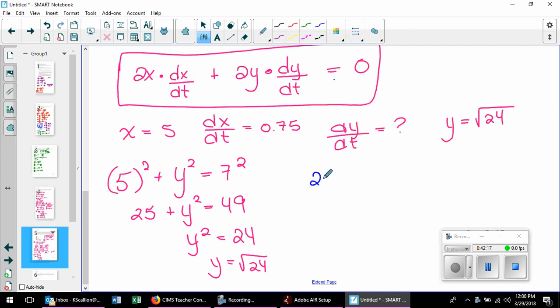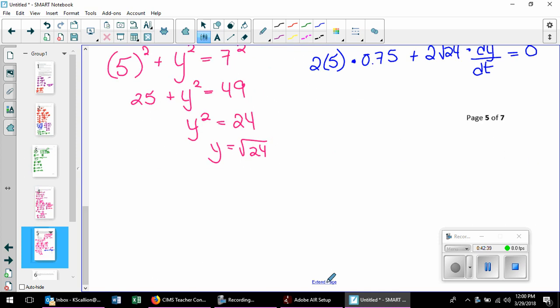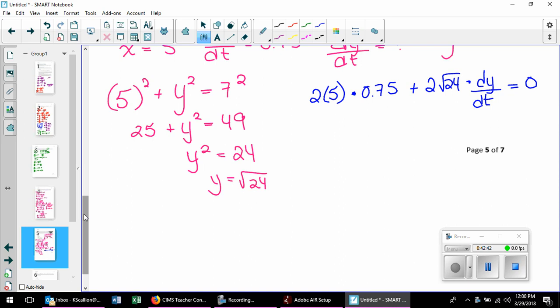So I have 2 times 5 times 0.75 plus 2 times root 24 times dy over dt equals 0. So this is going to be 7.5 plus 2 root 24 times dy over dt equals 0.